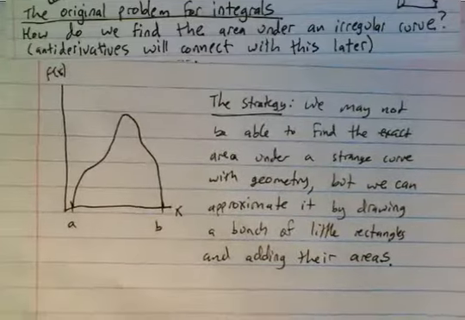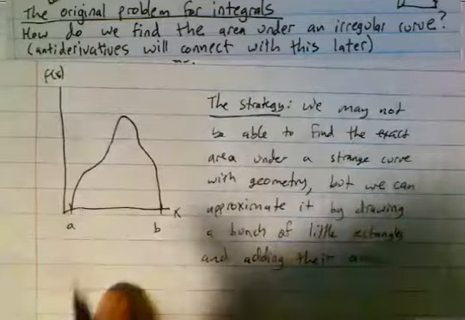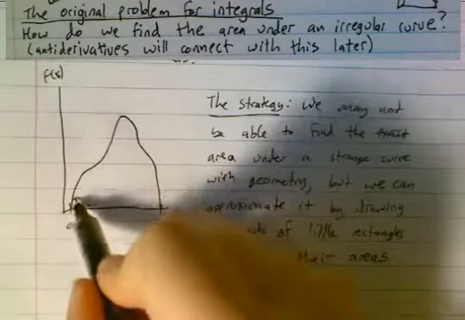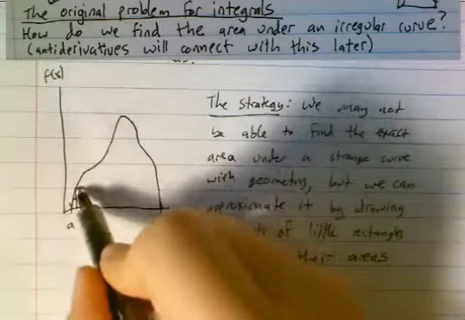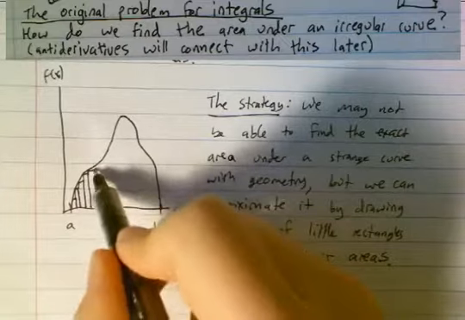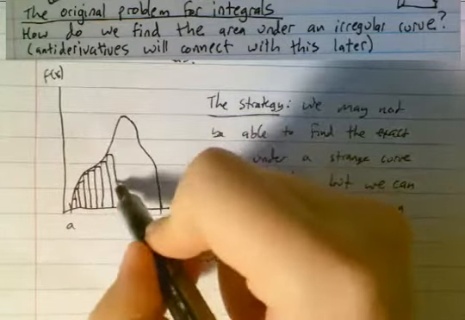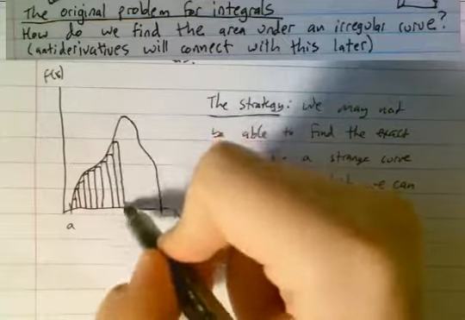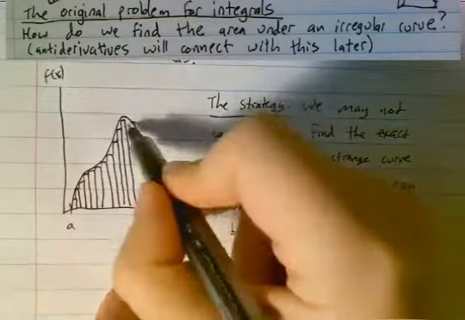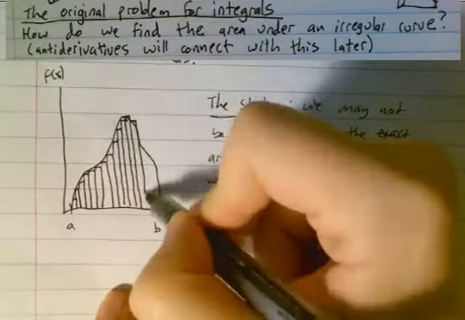So essentially what mathematicians did is they said, I don't know the area of this, but I can find the area of a little rectangle like that. And if I draw a whole bunch of these little rectangles, these should be going straight down.